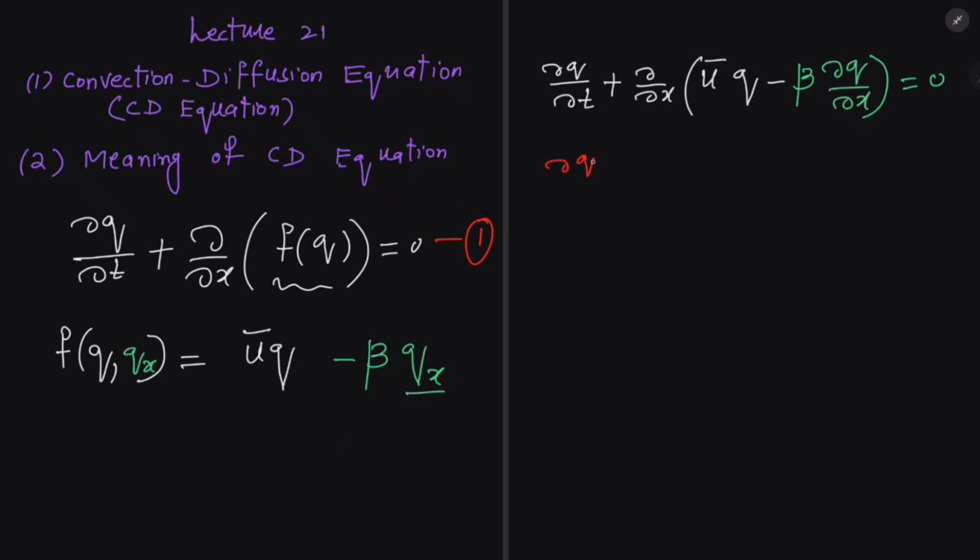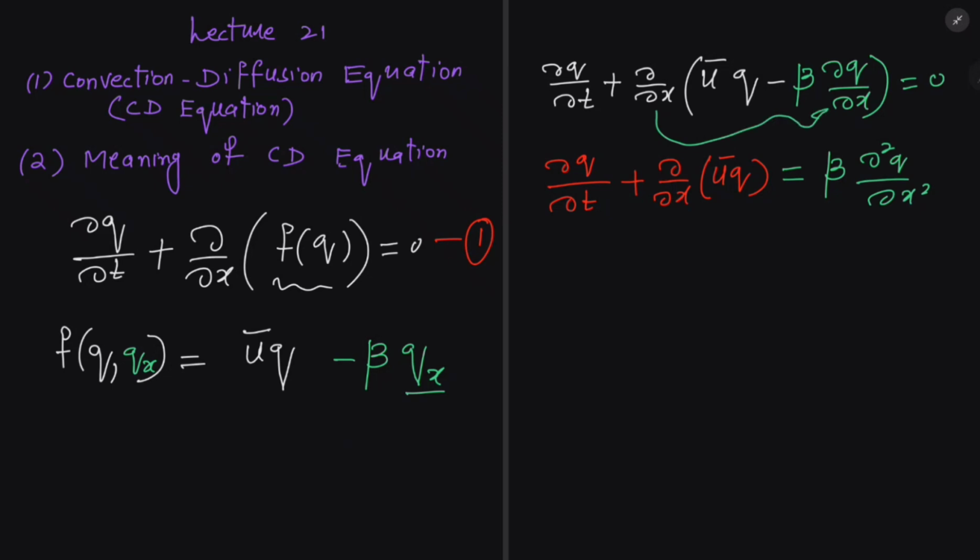We can write it like this: partial q by partial t plus partial by partial x of u bar q is equal to beta partial square q by partial x square.